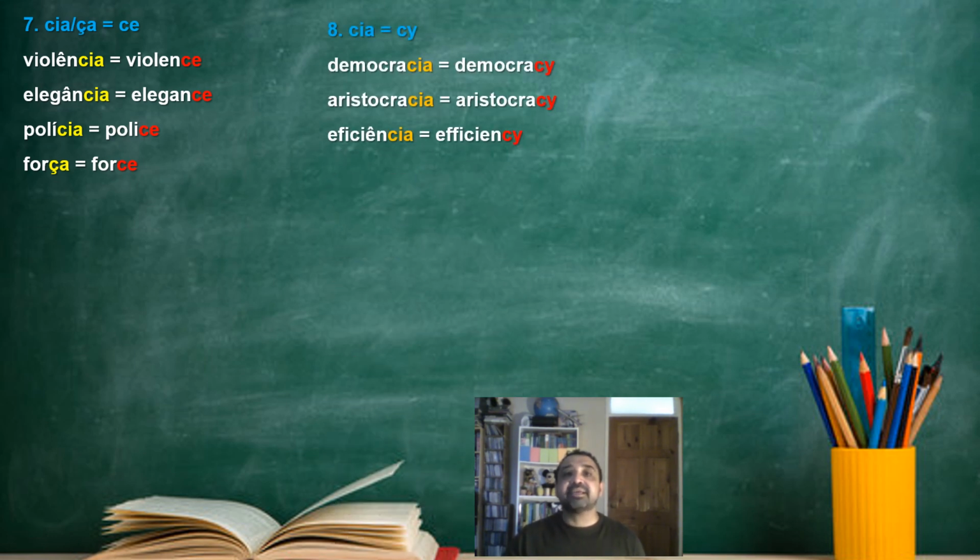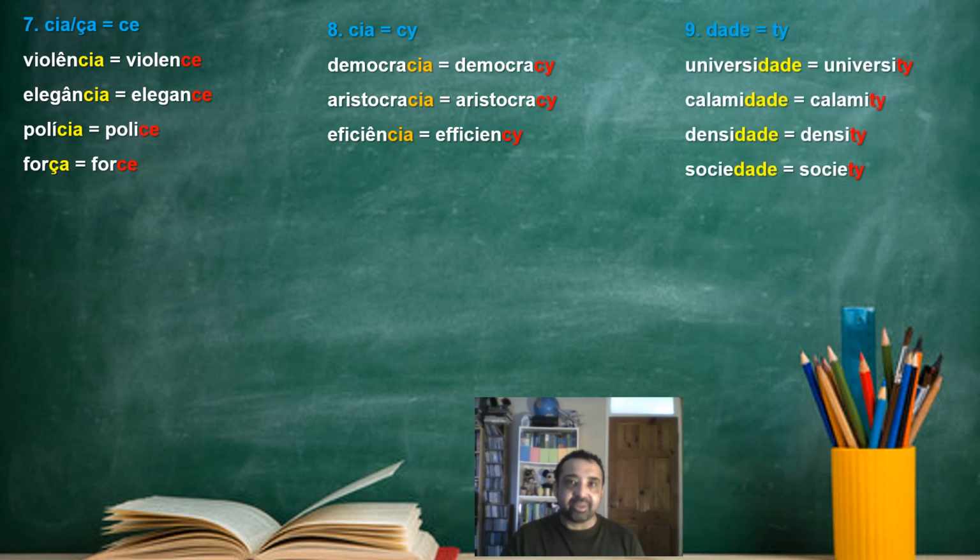Number eight, words ending in "cy" in English become "cia" in Portuguese. So democracy, democracia, aristocracy, aristocracia, efficiency, eficiência. Number nine, words ending in "ty" become "dade" in Portuguese.